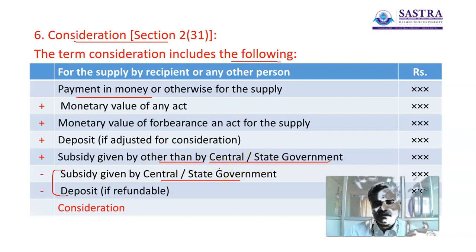But here the total value is 2 lakh. Total value is 2 lakh, but you give 1 lakh, others will give 1 lakh. But when the same amount is given by the government, it will not be considered. Okay, so subsidy given by central and state government should be deducted, and the refundable deposit. So the balance is consideration. Okay.